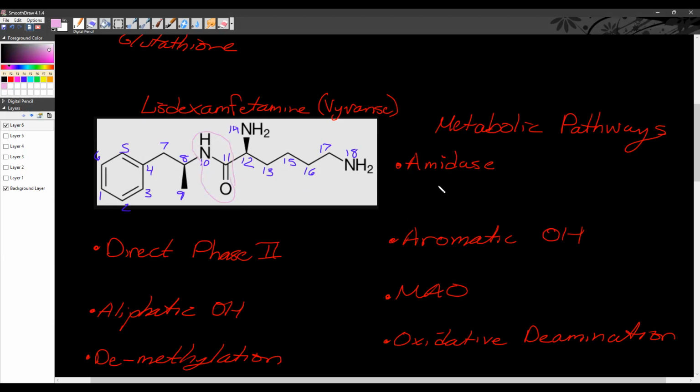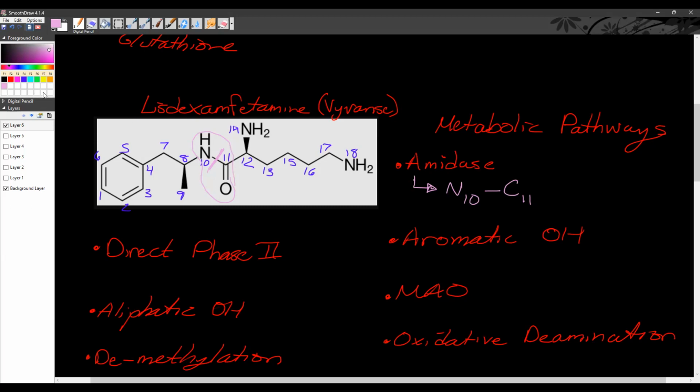And so what we would have is a cleavage between position 10 and position 11, so between N10 and C11. I think that's totally valid.